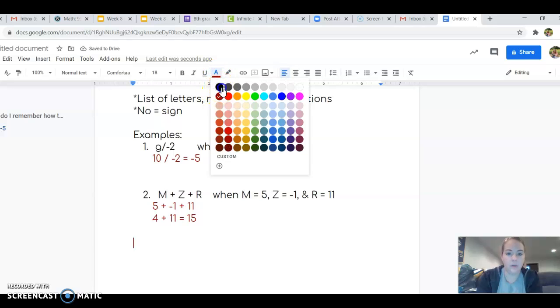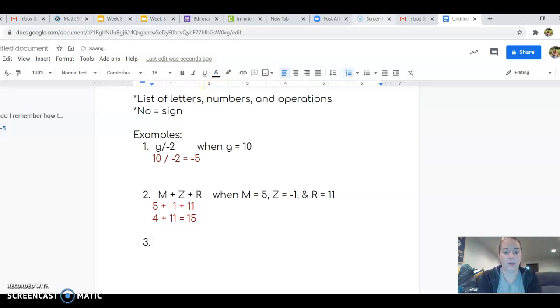Okay, let's try number 3 and 4. Number 3, 5b plus b when b equals -5. Give you a little more space.